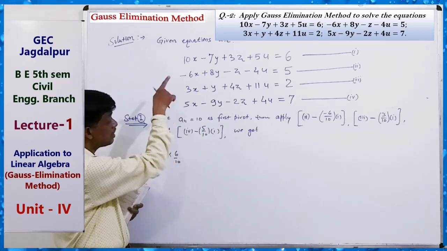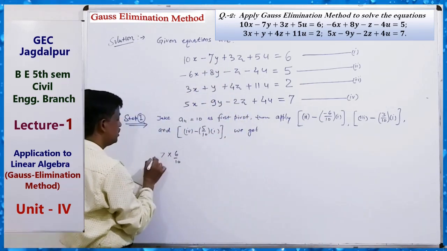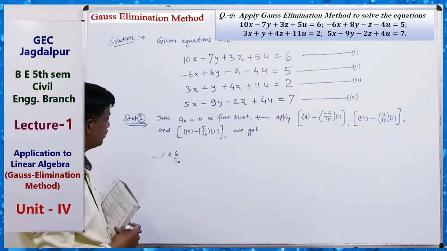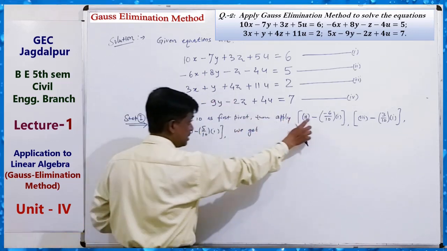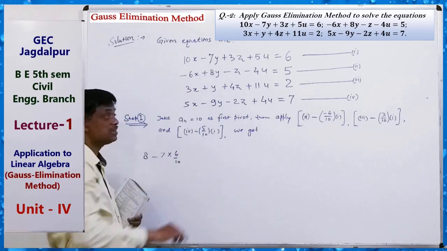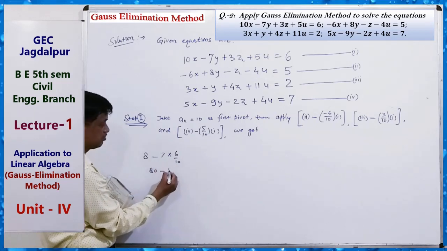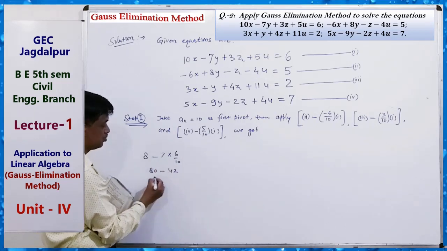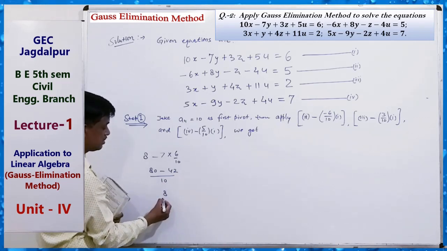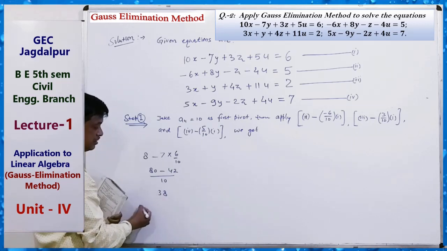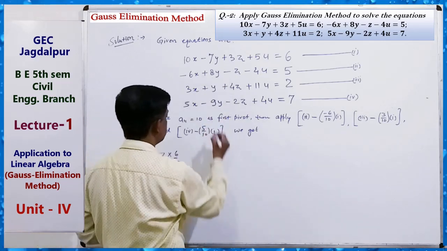Here also one minus sign is there, so finally that will be a minus sign. And this minus from 8, so 80 minus 42 by 10. So what? 38 by 10, 3.8.